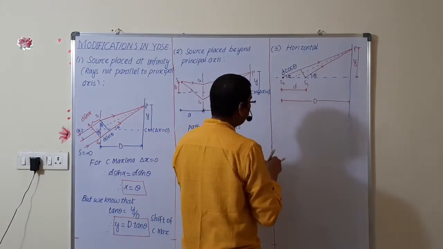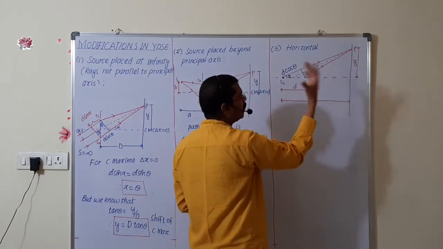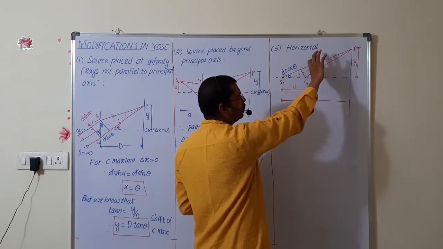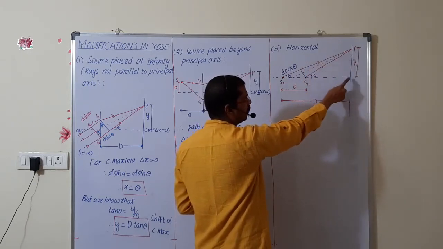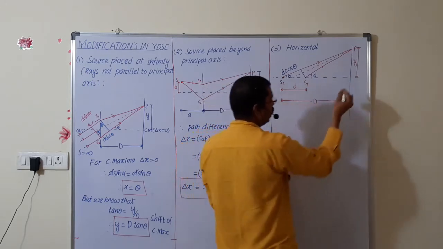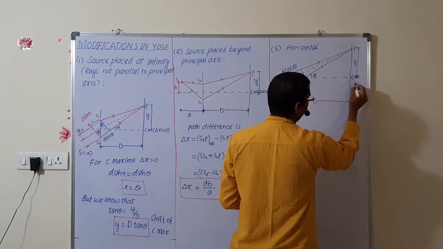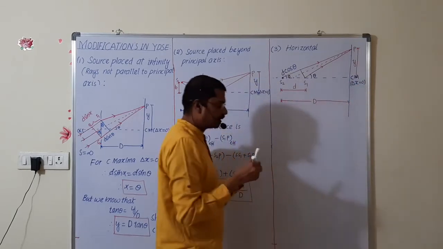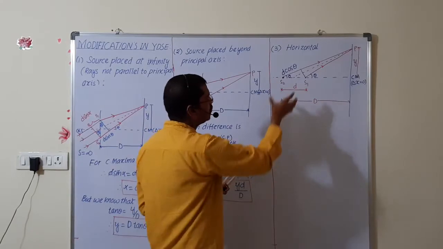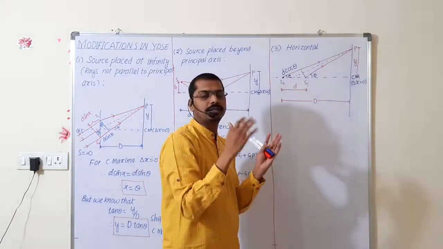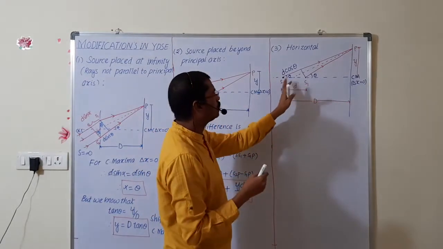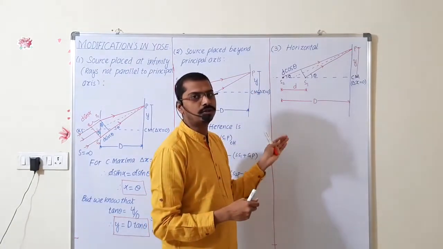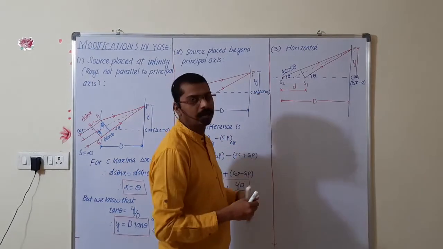The path difference, what is the path difference? If you take the central maxima, these two waves meet at point here, the central maxima, delta x is equal to 0. Whenever the delta x equals 0, then in this condition what is the path difference? S2P minus S1P is equal to D cos theta. S2P minus S1P is nothing but delta x.